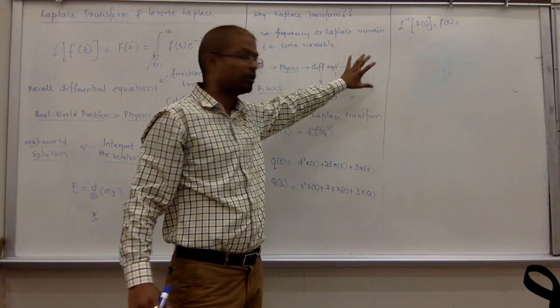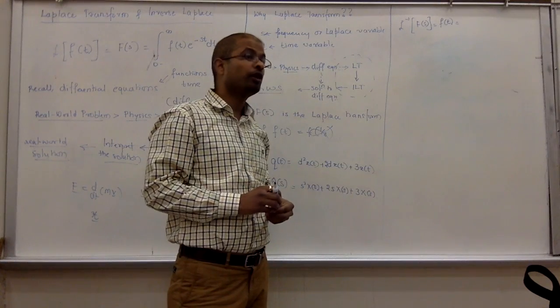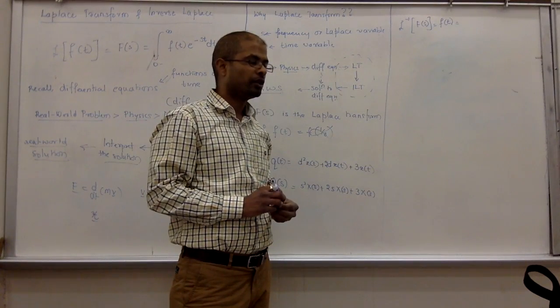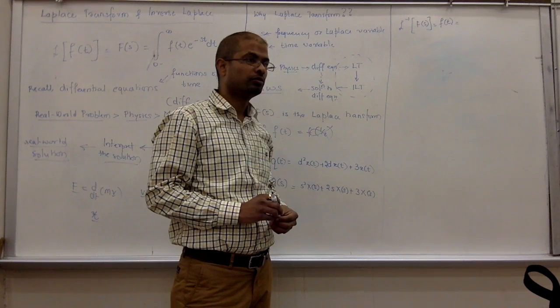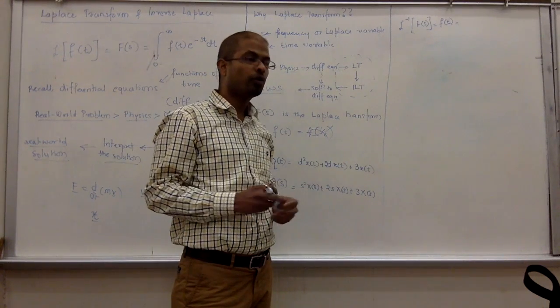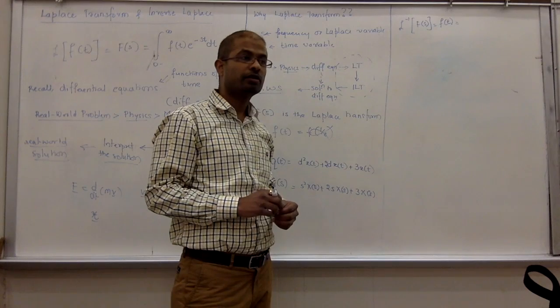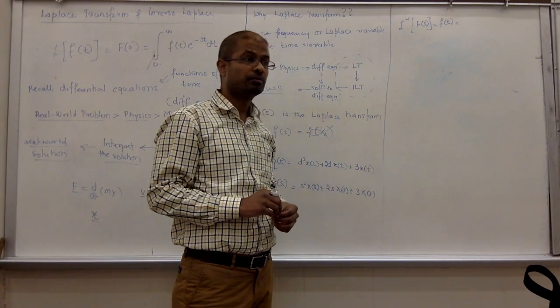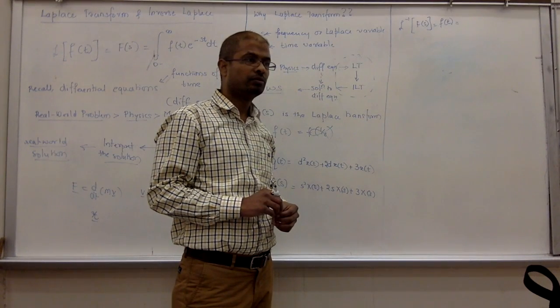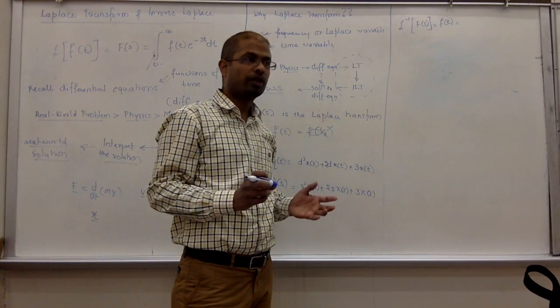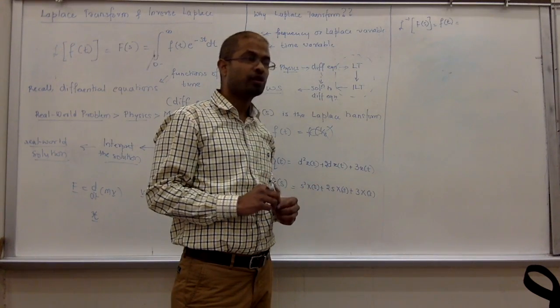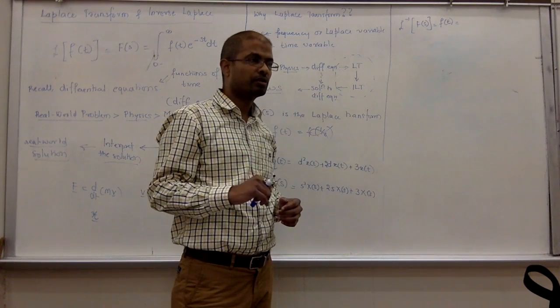Why? When you're trying to control something, you have to first understand what you want to control. You have to understand the dynamics of the system. It cannot be just random control. It has to be based on some science.